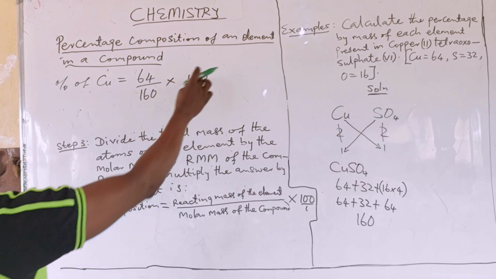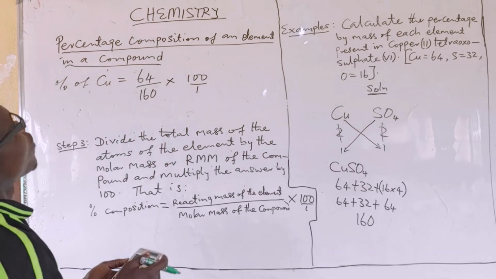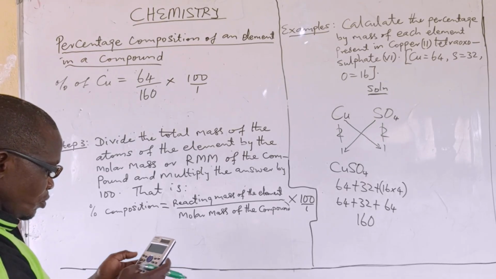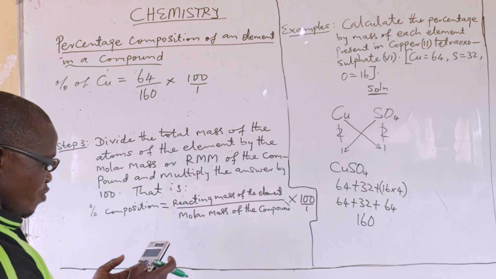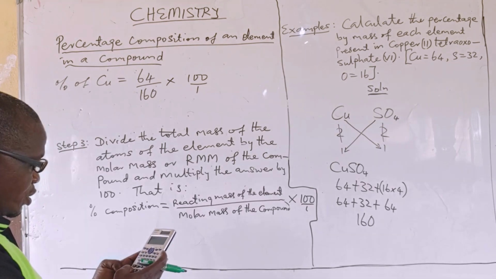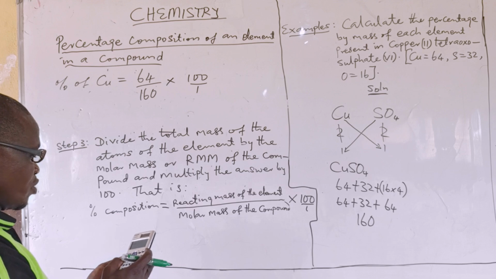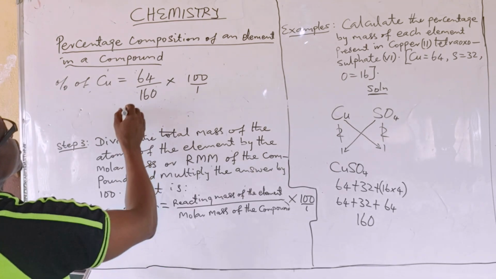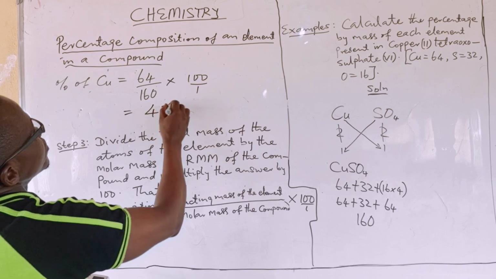And that gives me what? Multiply this, you have 6400 divided by 160. That gives me 40%. So percentage of copper is 40%.